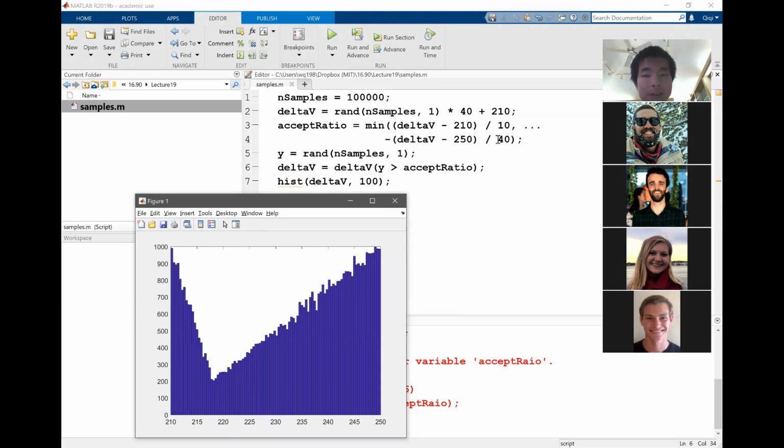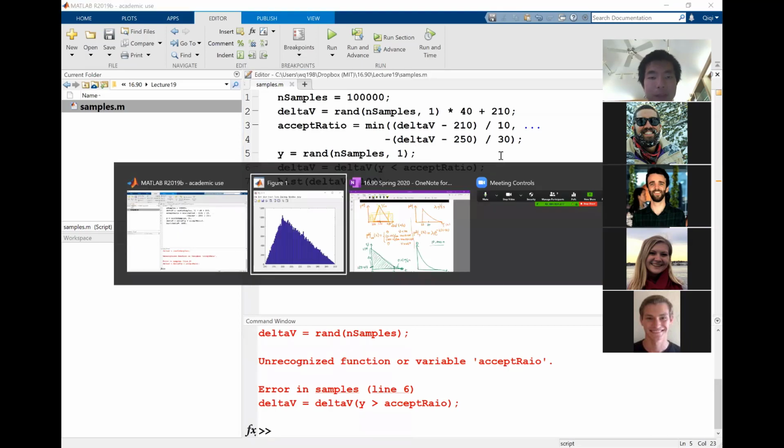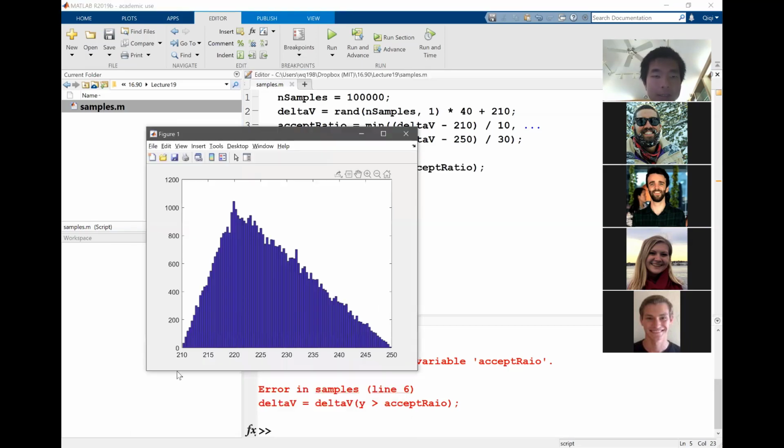Here it should be divided by 30, not by 40. And another bug is that my acceptance criterion should be the sample being less than the acceptance ratio, not greater than it. After I fix these two, I get a nice triangular distribution.